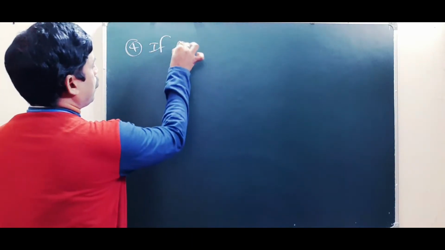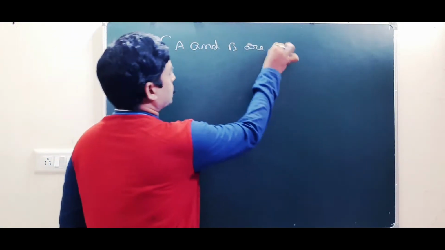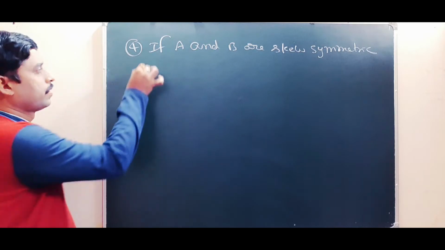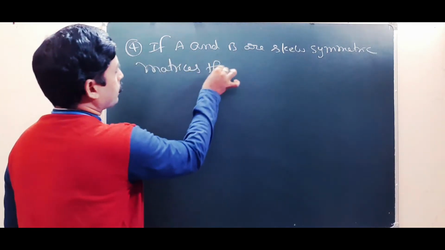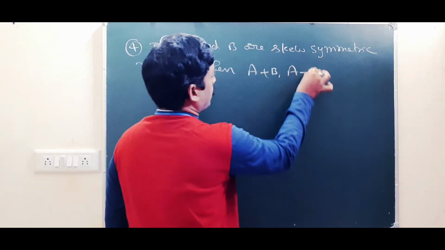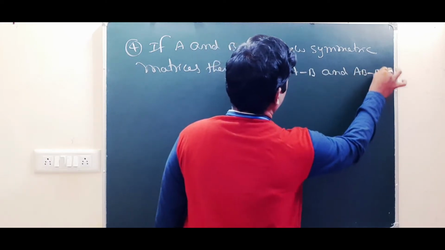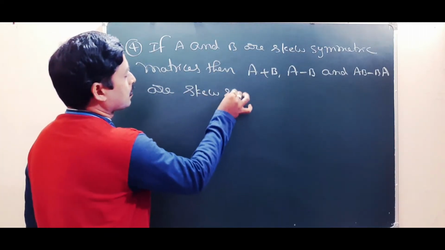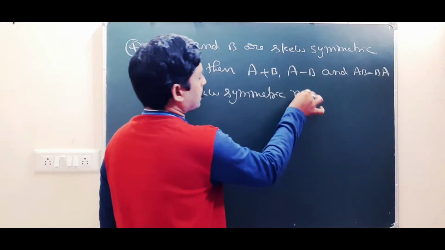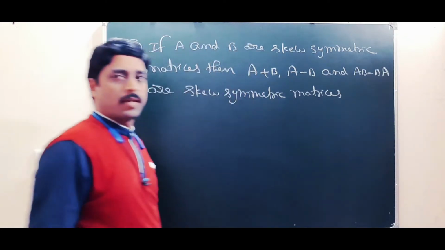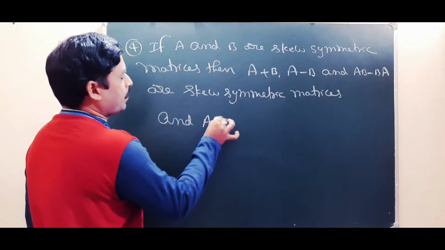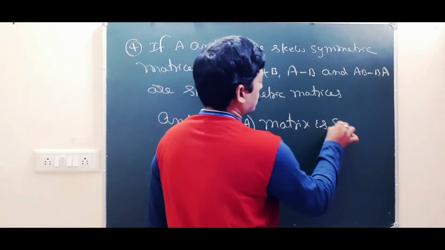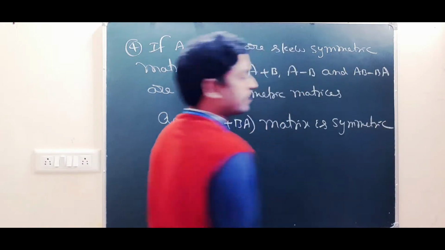Okay, now the next point. If A and B are skew symmetric matrices, then A plus B, A minus B, and AB minus BA are skew symmetric matrices, and AB plus BA is a symmetric matrix.